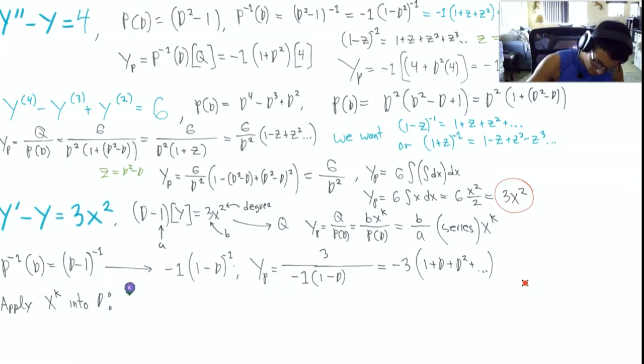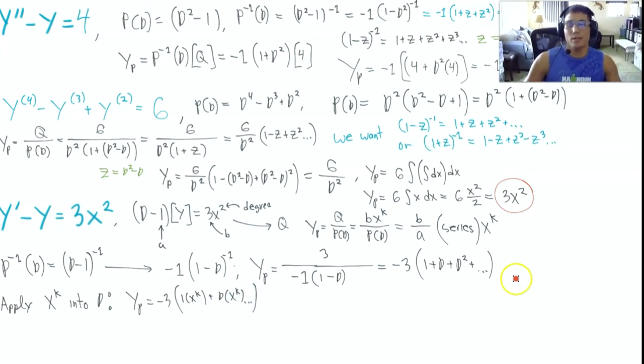So yp is going to equal negative 3, and we're going to have 1 xk plus d xk dot dot dot, we're going to keep going, we're going to keep taking derivatives of xk till we get 0. Okay.